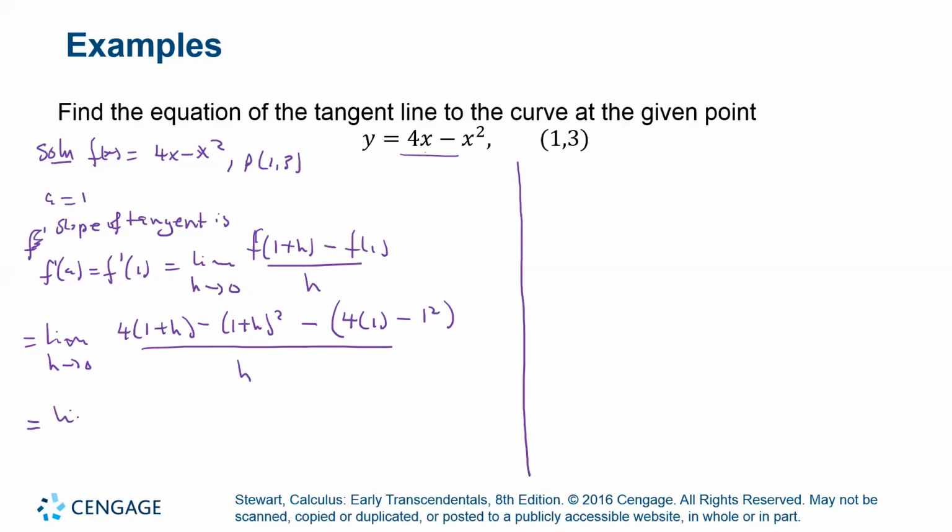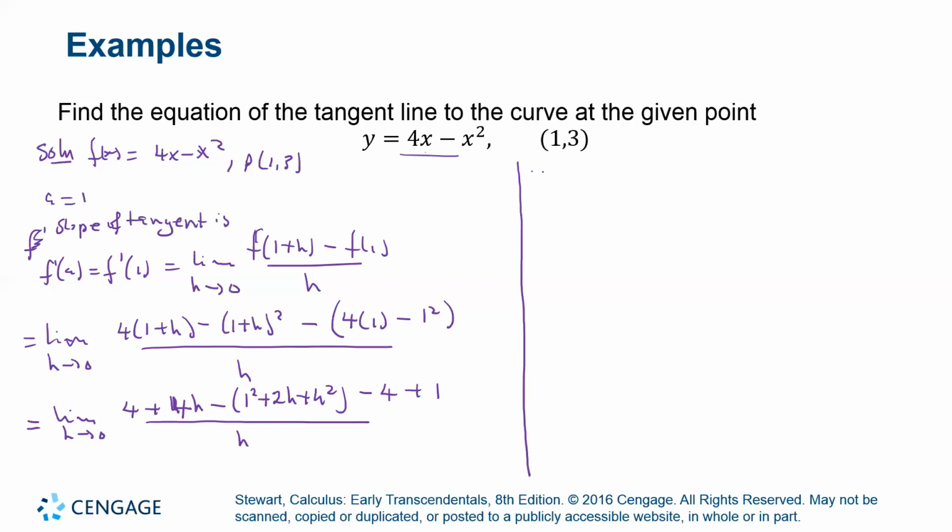You have the limit, h goes to 0. You have 4 plus 4h, and then minus, in parentheses, 1 squared plus 2h plus h squared. Then minus 4, then plus 1, all divided by h.